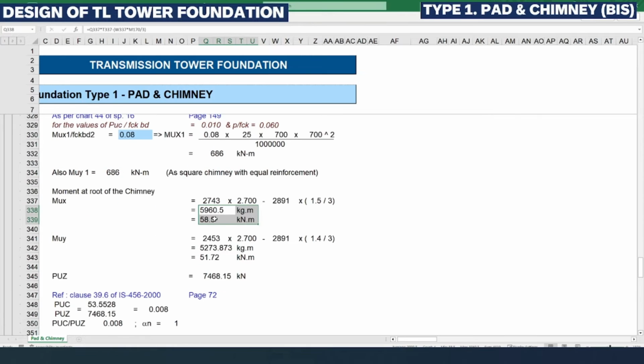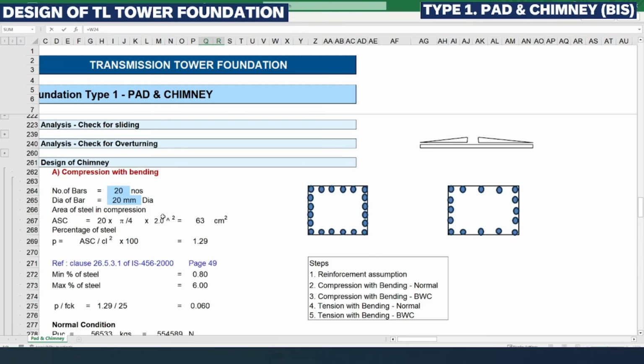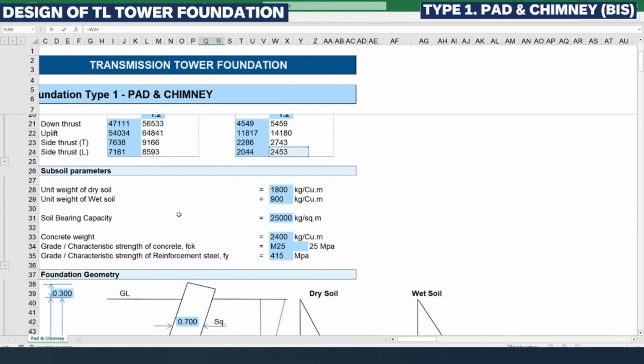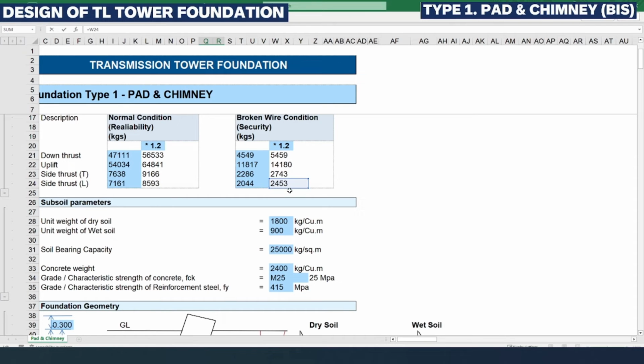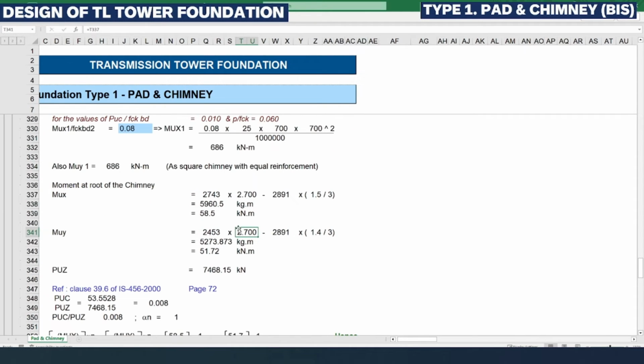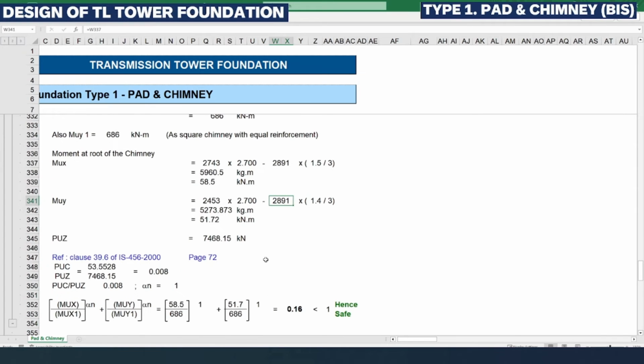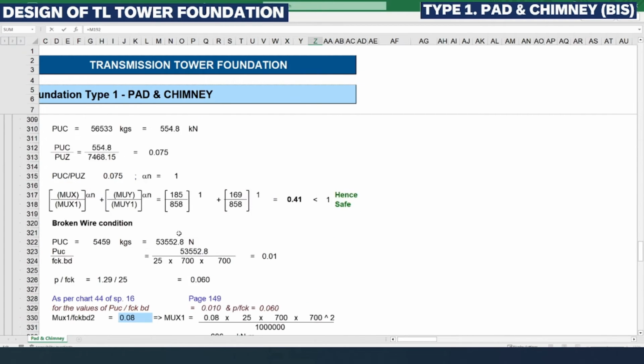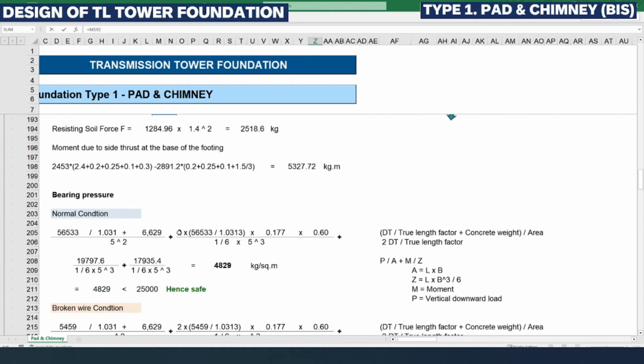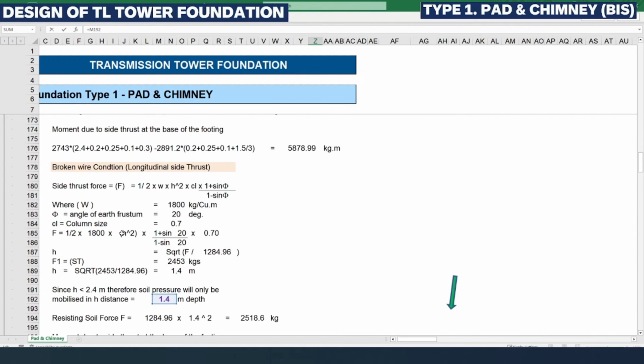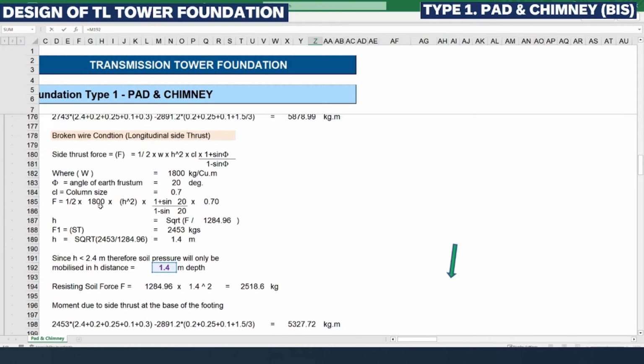So that MUX is 58.5. So similarly, in the same way we are going to calculate the lateral thrust in MUY direction. So this is a longitudinal thrust for broken wire condition. So this force we are considering 2453, that multiplied by the top to bottom of the chimney clear height 2.7 meter, and this is again the soil weight, and this 1.4 is for broken wire condition for lateral side thrust which we had calculated for bearing pressure check here.